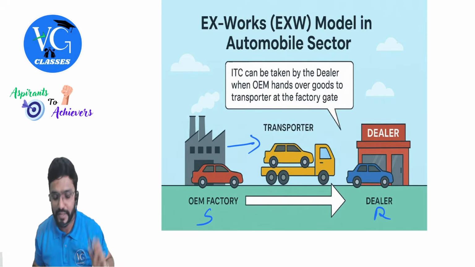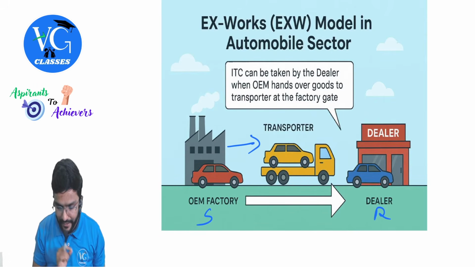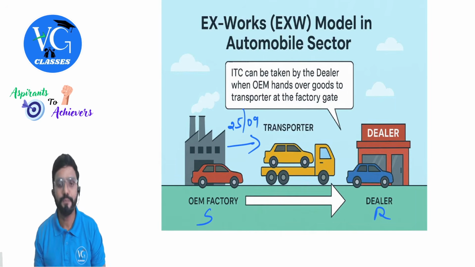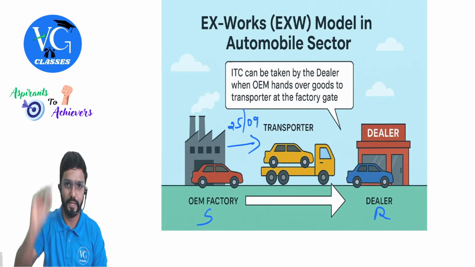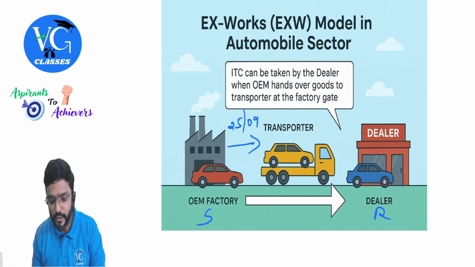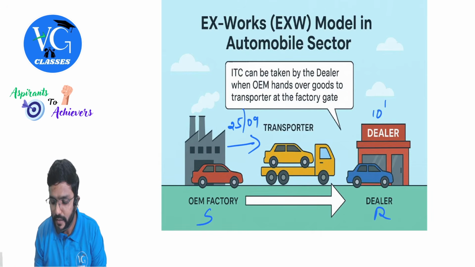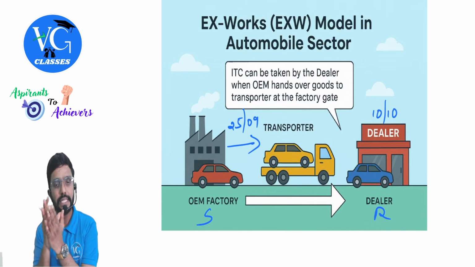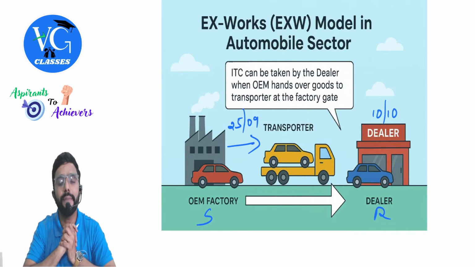Listen now. Let me explain with a date so that you will be more clear. Assume the goods are handed over to the transporter on 25th September, but it is delivered to the recipient or the dealer on 10th October. Now tell me, when is the dealer eligible to claim credit?